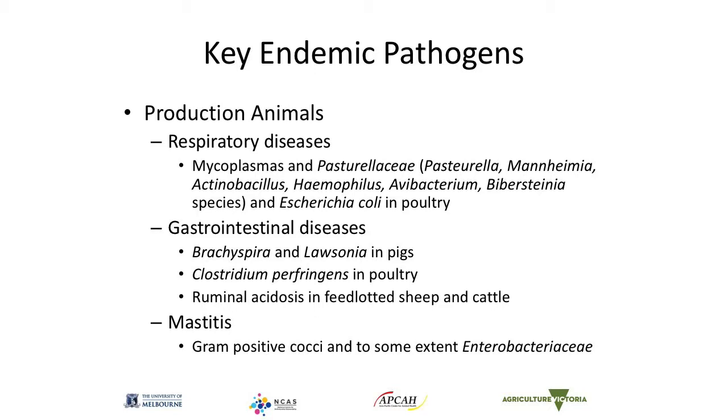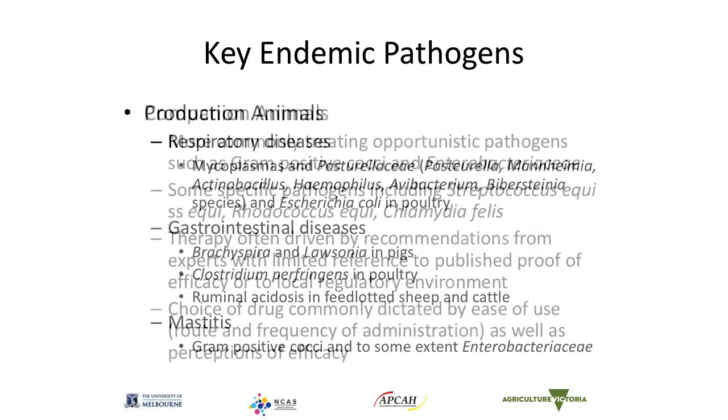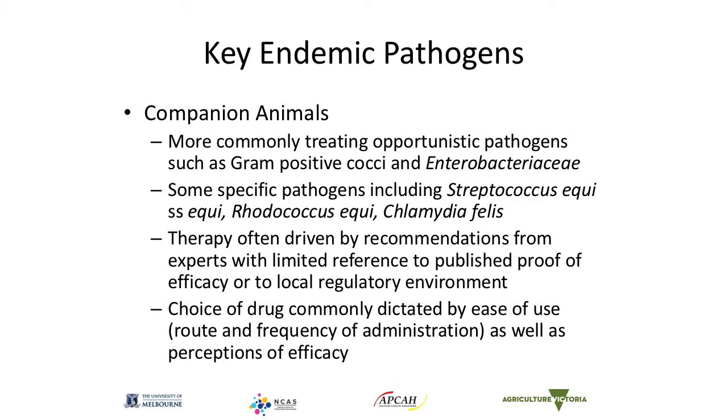And finally, we typically treat dairy cattle for mastitis, really to control gram-positive cocci and to some extent some of the Enterobacteriaceae. In companion animals, we're more commonly treating opportunistic pathogens like the gram-positive cocci and Enterobacteriaceae. We have some specific pathogens that we institute therapy for, including Streptococcus equi subspecies equi that causes strangles in horses, Rhodococcus equi which causes rattles, and Chlamydia felis in cats.